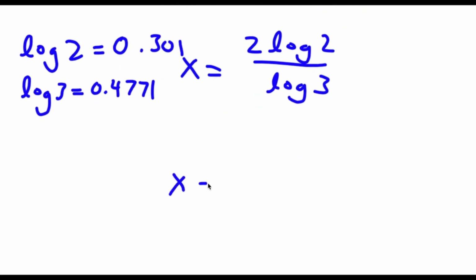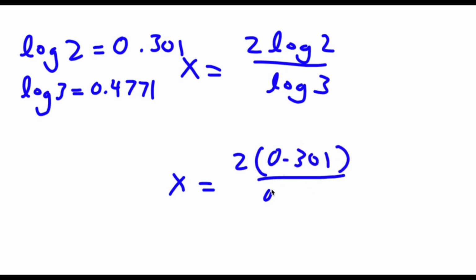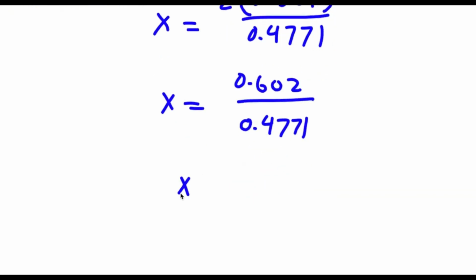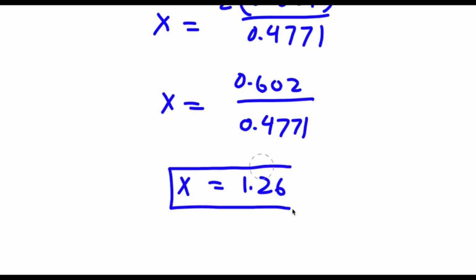So now I have 2 times 0.301 over 0.4771. Now 2 times 0.301 is going to equal 0.602 over 0.4771, which is equal to 1.26. So this is my answer.